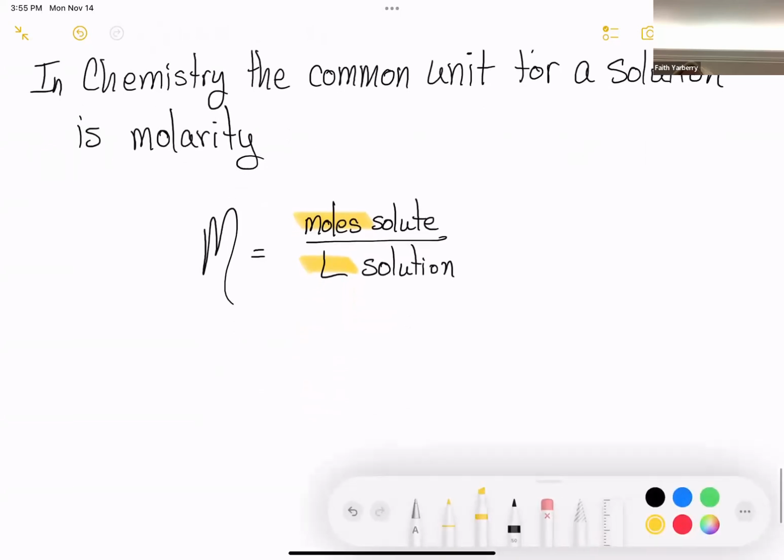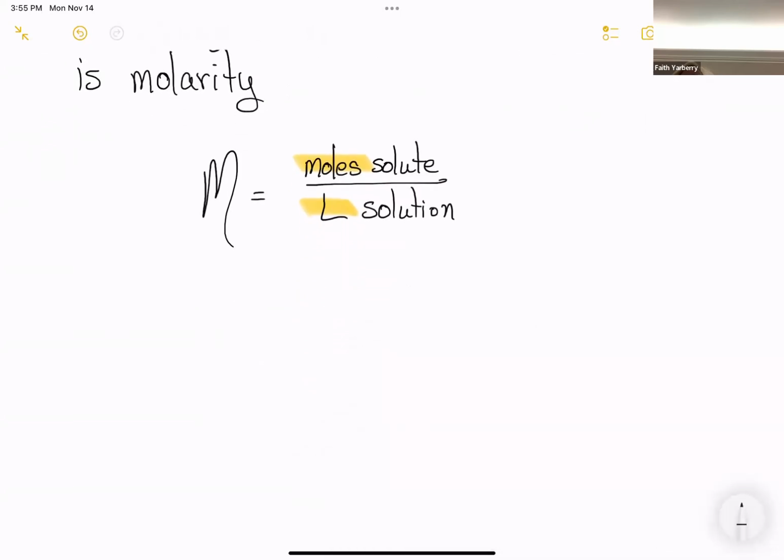So what we're going to do at this point is go back to number 1. What concentration? And in this class, if I say concentration, I'm asking for molarity.